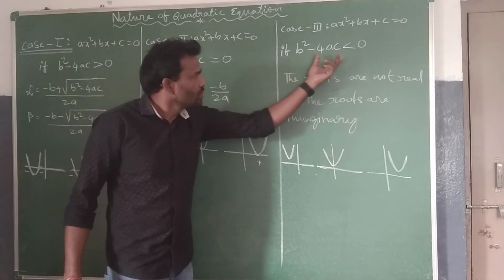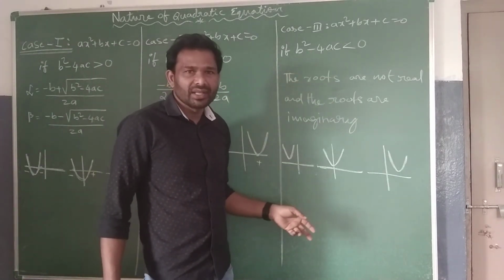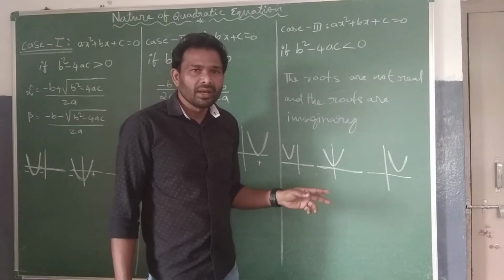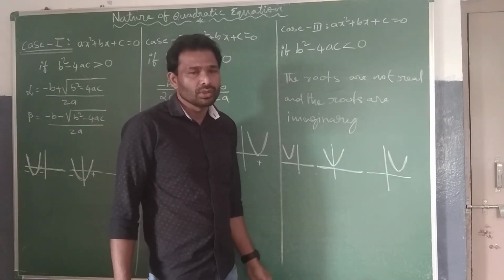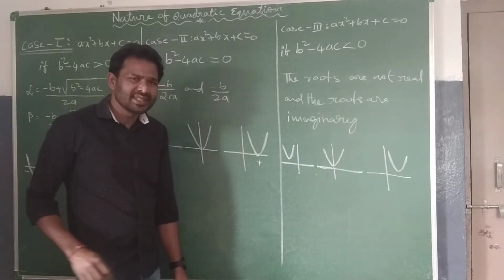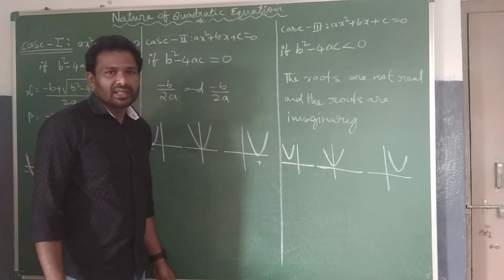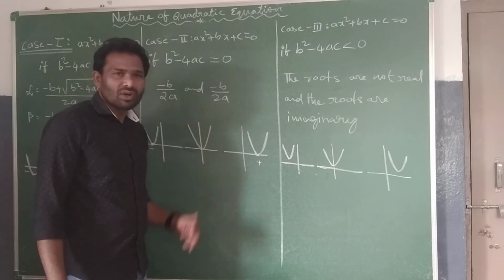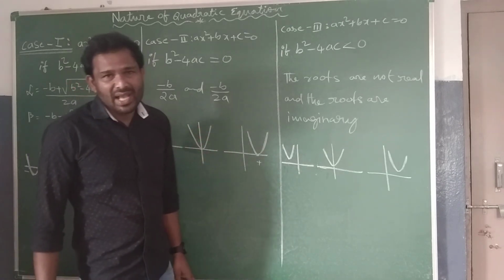And in the third case, we can easily identify that the roots are not real and are imaginary roots. So by using these three cases, we can easily find whether the quadratic equation roots are real roots, equal roots, or imaginary roots.